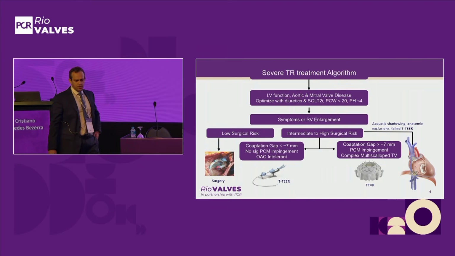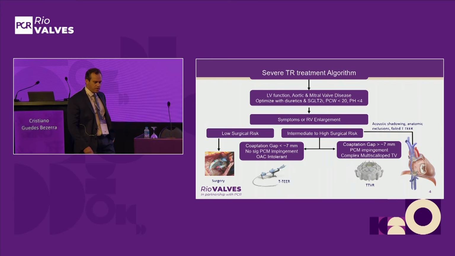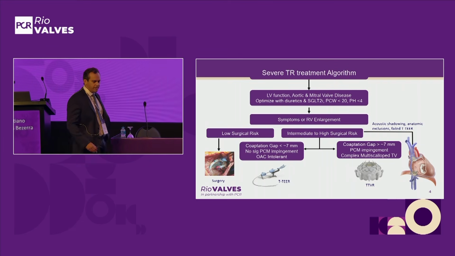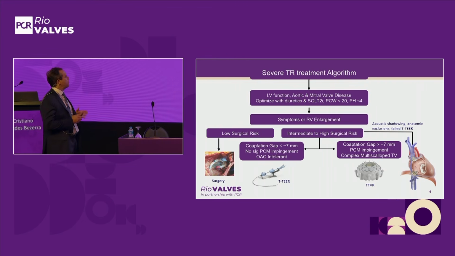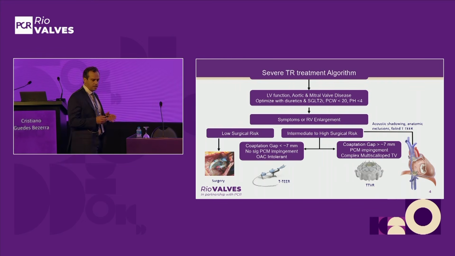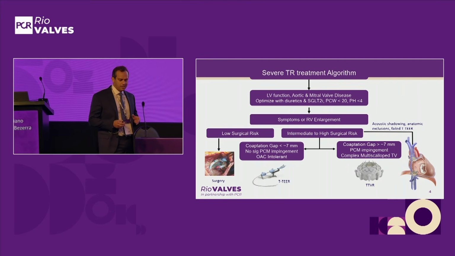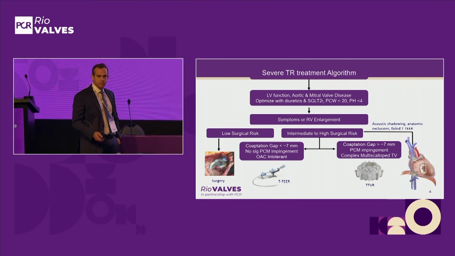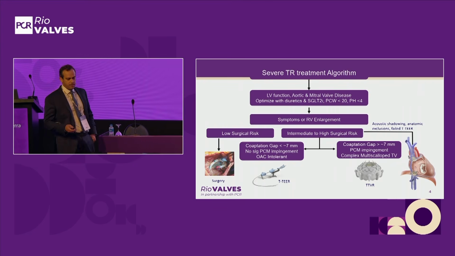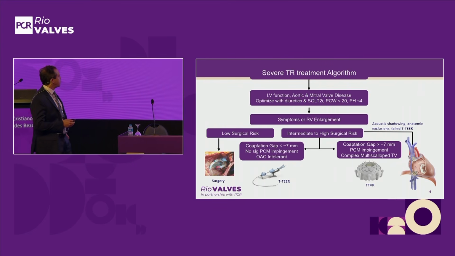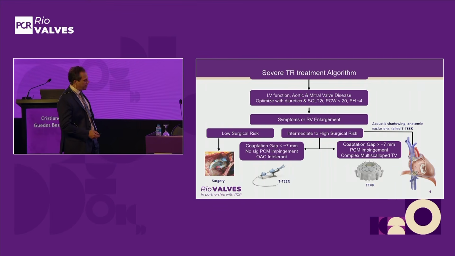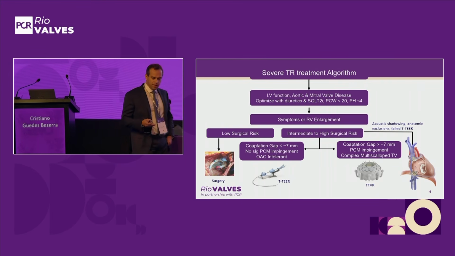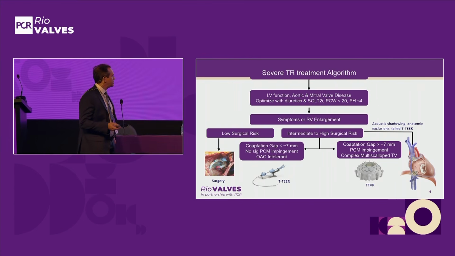This is the severe TR treatment algorithm, one of the algorithms we have. We think about the left ventricular disease, the surgical risk of the patient, the coaptation gap, whether the patient has a pacemaker, whether the patient can use anticoagulants, and choose whether the patient goes to surgery, TEER, orthotopic implant, or heterotopic implant.